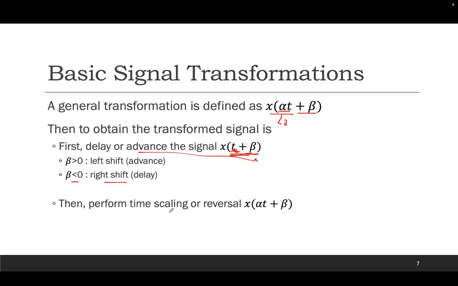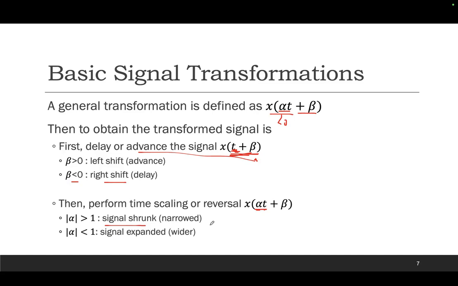And then perform time scaling or reversal. If this one is negative, it will be a reversal. If absolute alpha is greater than 1, the signal will shrink, because t should be smaller than before. Am I right?